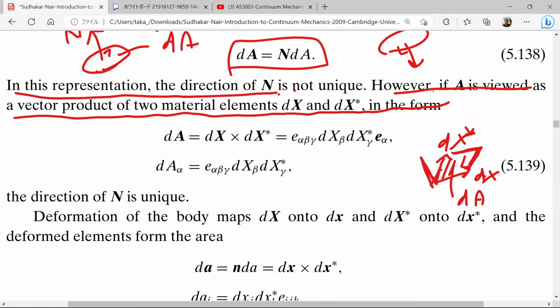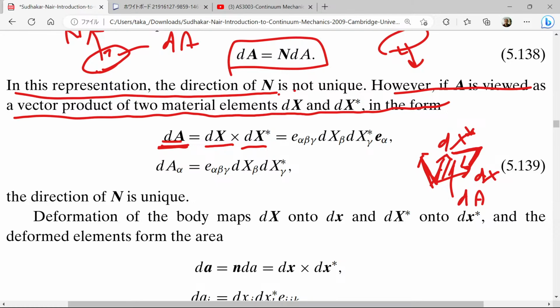The normal direction is this way, because we decide the normal direction by the cross product, dx multiplied by dx star.